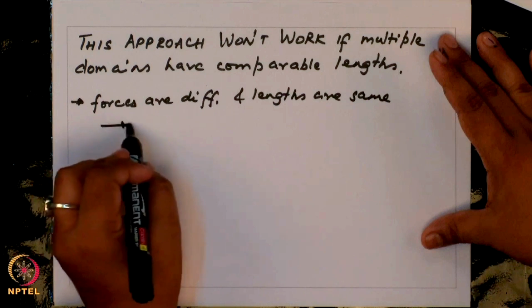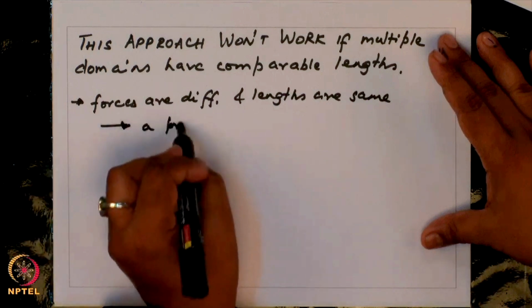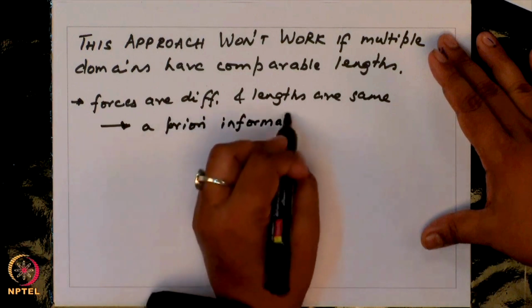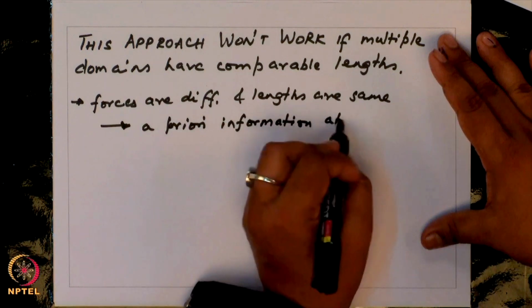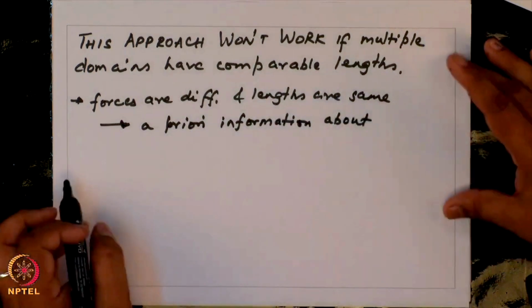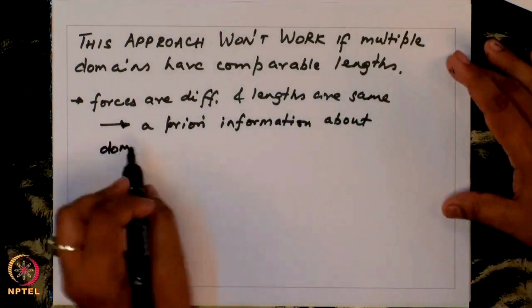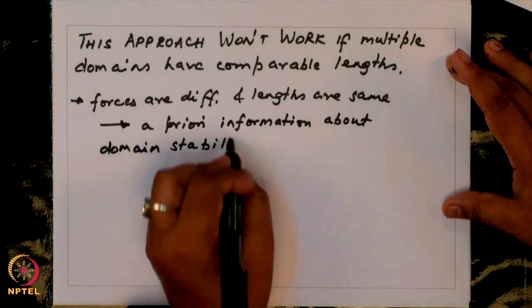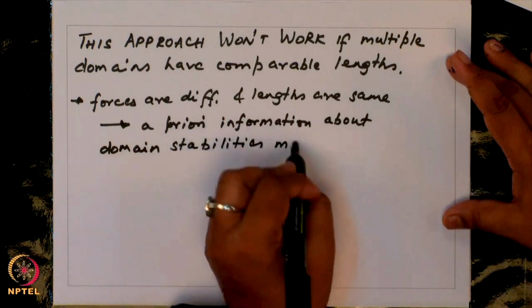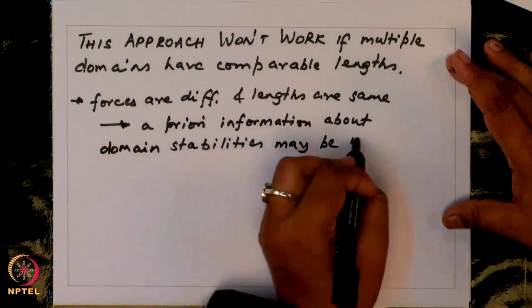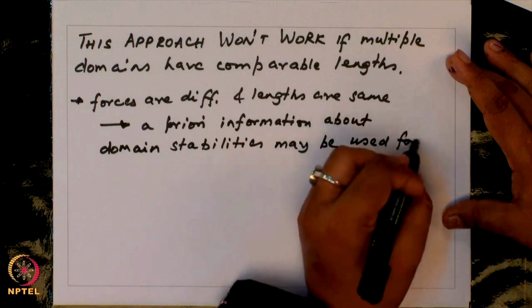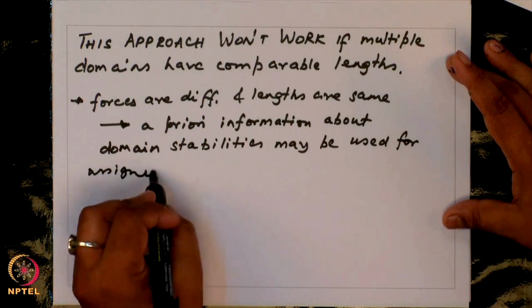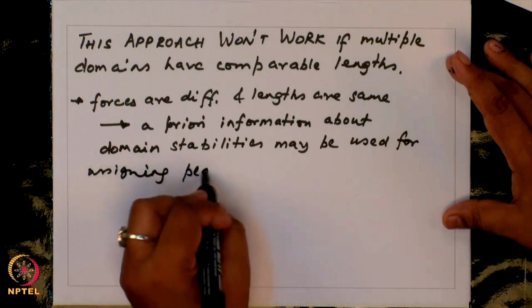If you knew a priori information about domain stabilities, it may be used for assigning peaks.